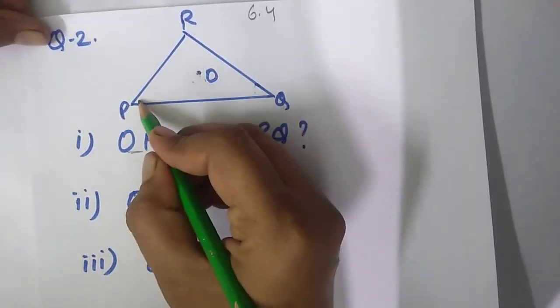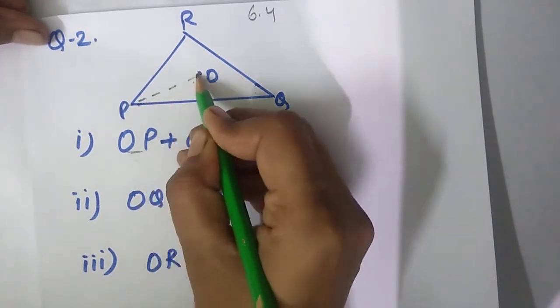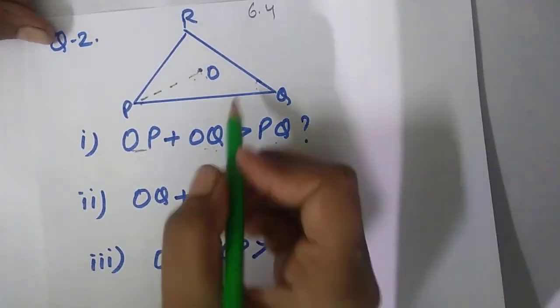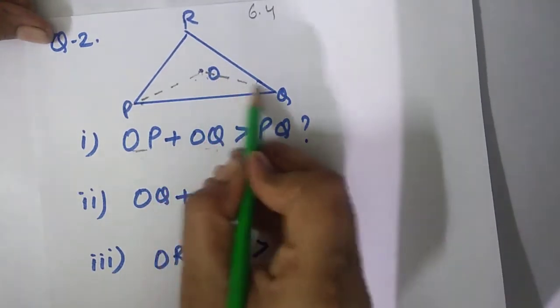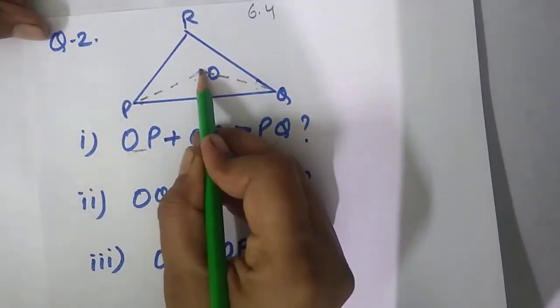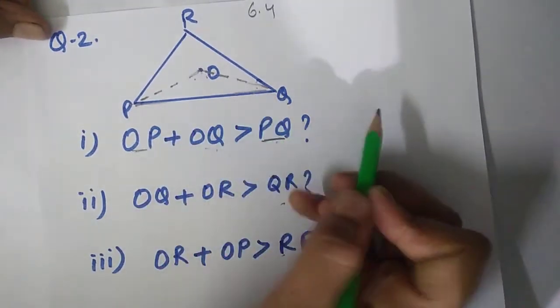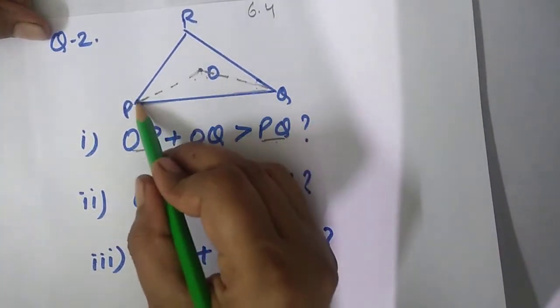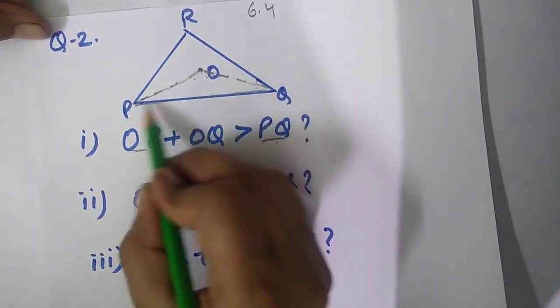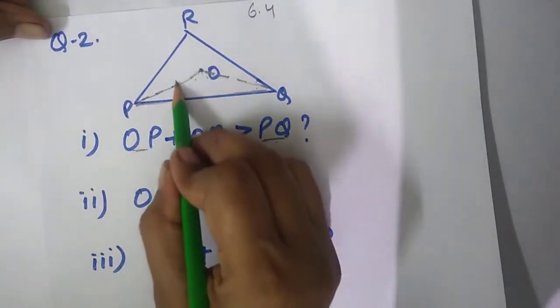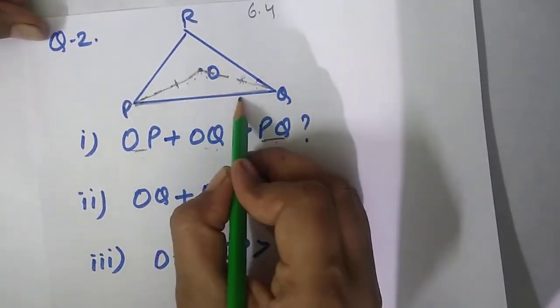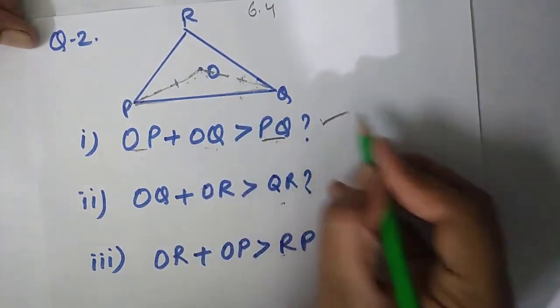For that we need to join them. OP plus OQ, this is OQ. Is OP plus OQ greater than PQ? This is PQ. Yes, this we have learned, because this is forming triangle POQ and the sum of two sides is always greater than the third one.